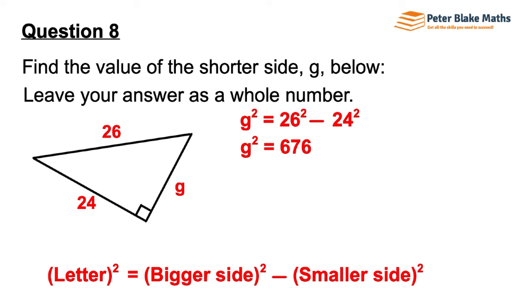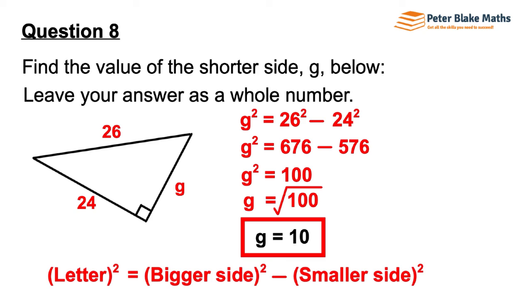So G squared equals 26 squared, I'm here to tell you, is 676, minus 24 squared, which is 576. So we get G squared actually equaling 100. And as we do normally with Pythagoras, we'll square root both sides to go from a squared to just the normal G. Square root of 100 is 10.